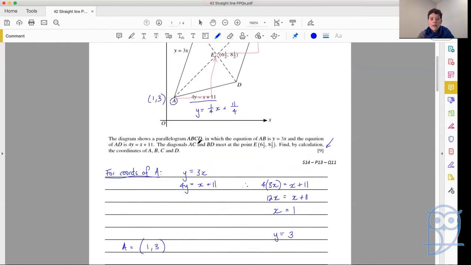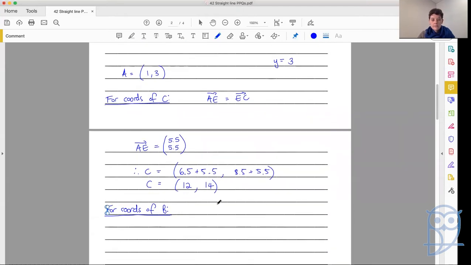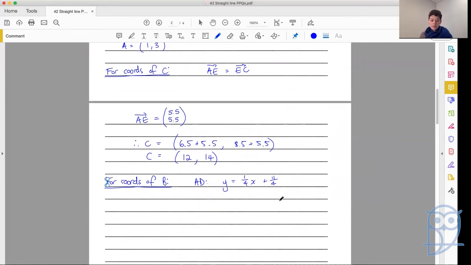We know that AD is y equals 1/4 x plus 11/4. We want to note that because we're about to use it. Okay, so for coordinates of B, we want the equation of BC.